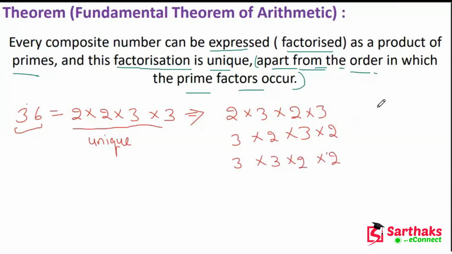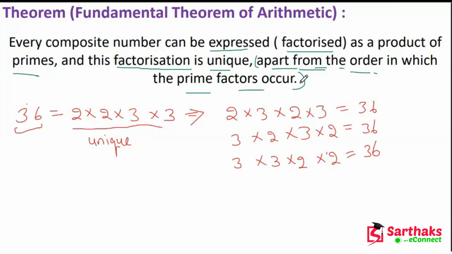The result is always the same, 36. The order doesn't matter because multiplication is a commutative property. I hope you got this point.